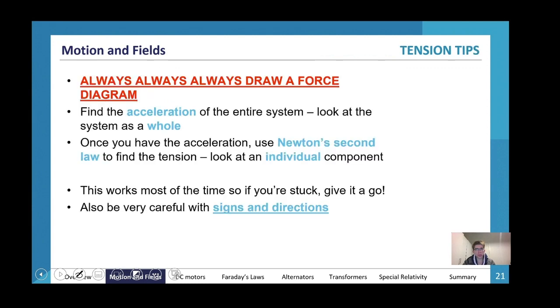And the best way is to illustrate the example that they're giving to you. The best way is to draw out what they're trying to explain to you. So always use a force diagram. Always draw a force diagram when you're dealing with tension questions. For example, a pulley system or a spring system are the ones that usually ask tension questions.